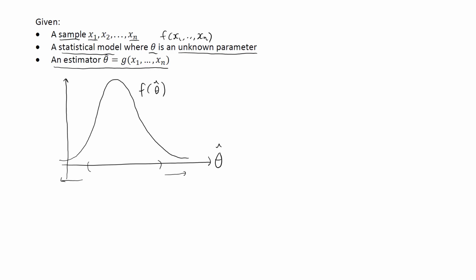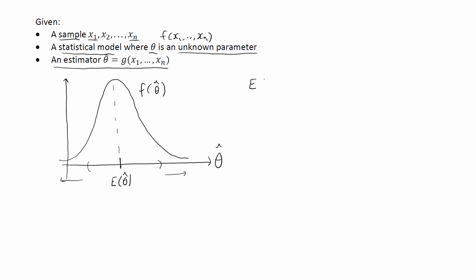The estimator, being a random variable, will have an expected value. That's the expected value of your guess. We can think of the expected value of theta hat as the average guess that you will provide if we play this game repeatedly.